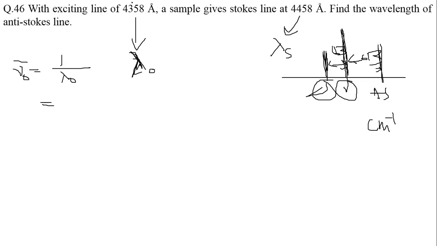For angstrom, if you convert it into centimeter inverse, it will be 10 to the power 8 divided by 4358 centimeter inverse, because 1 angstrom is 10 to the minus 8 centimeter.